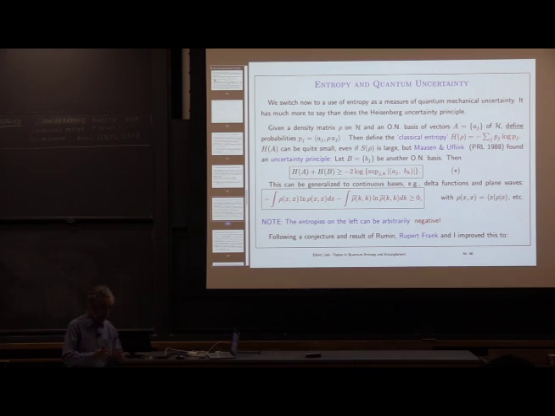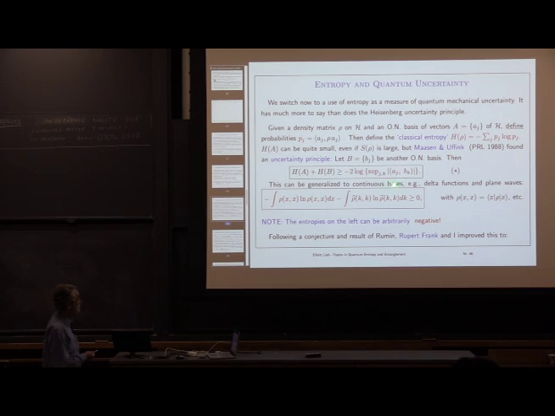So if the two orthonormal bases are very, very different, then this number is going to be a very small number. And minus the log of that is going to be a very big number. So although these guys can be small, the sum cannot be small. That's what this is saying.